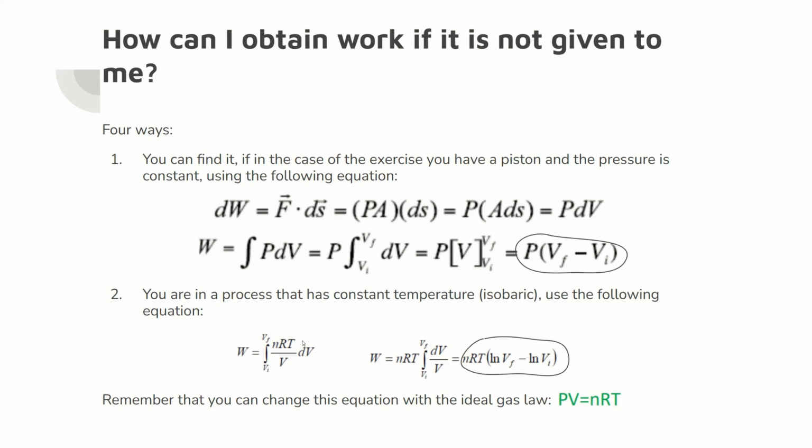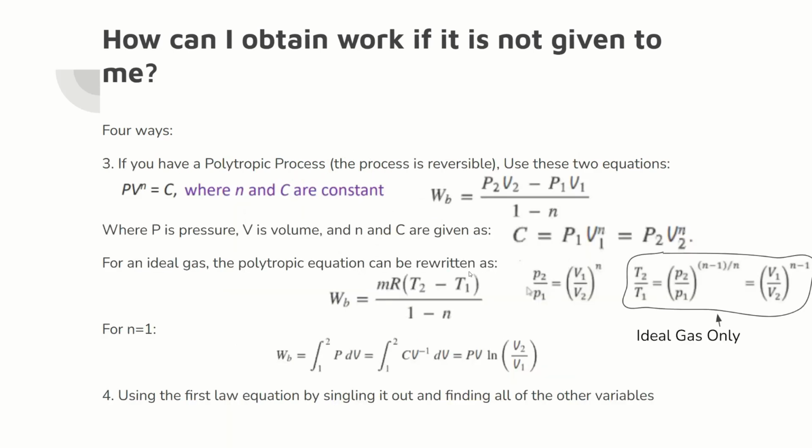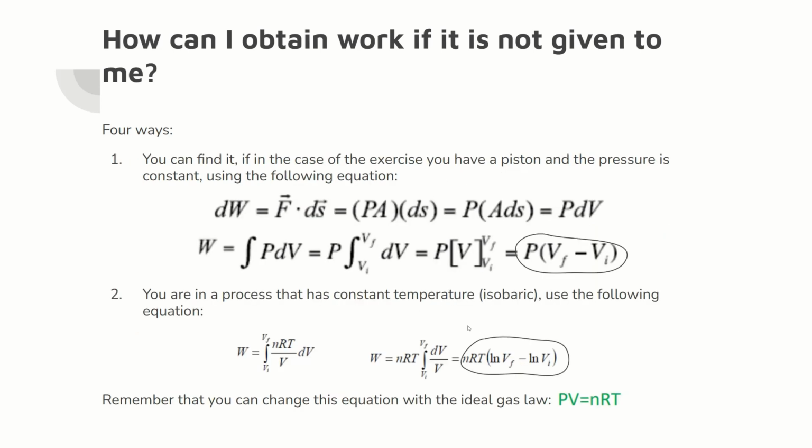The second way is, I believe, isentropic. Wait, oh, isobaric should be here. Yeah, wait. Oh, this is polytropic, my bad. This is for constant temperature.